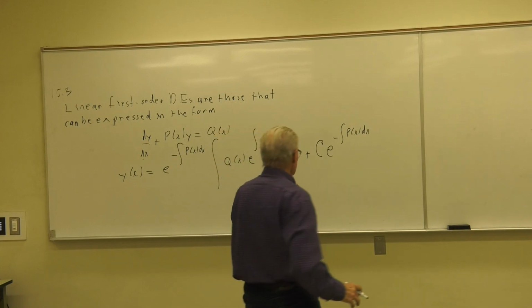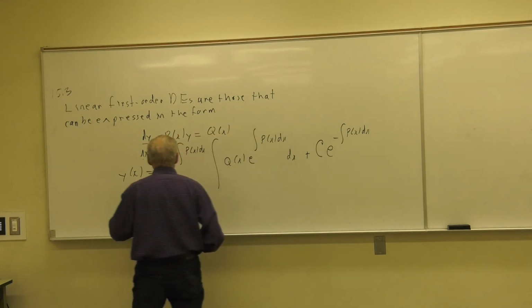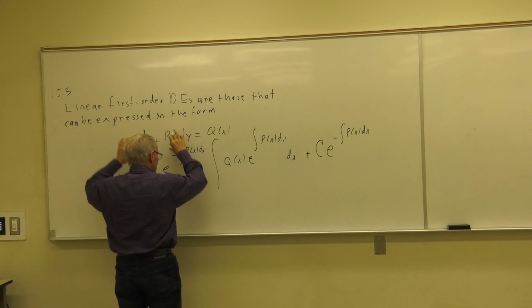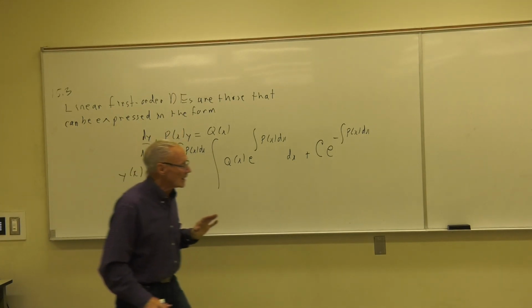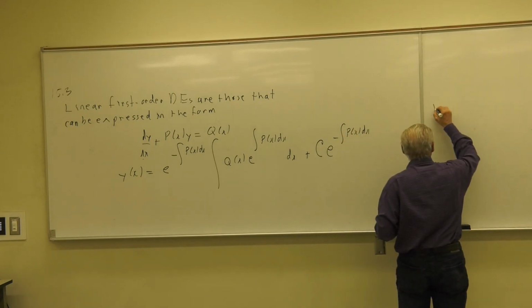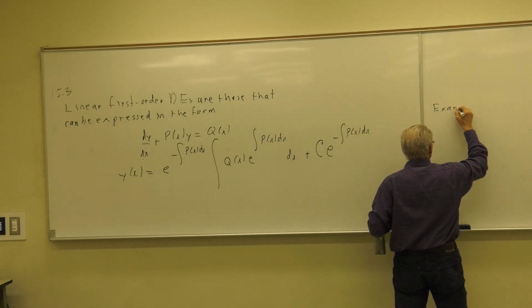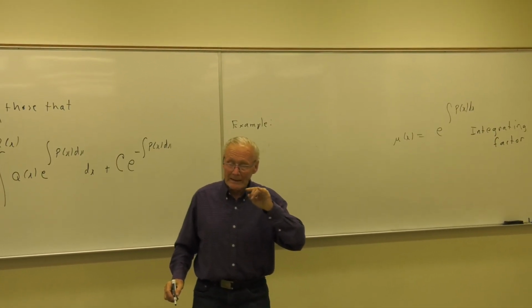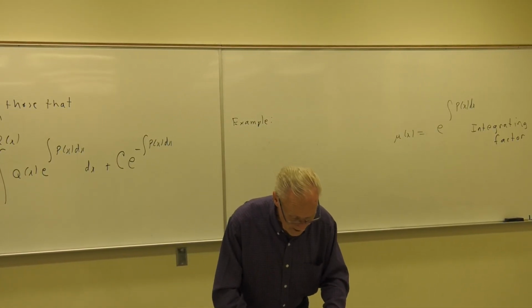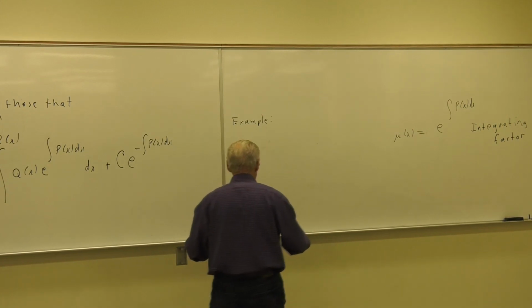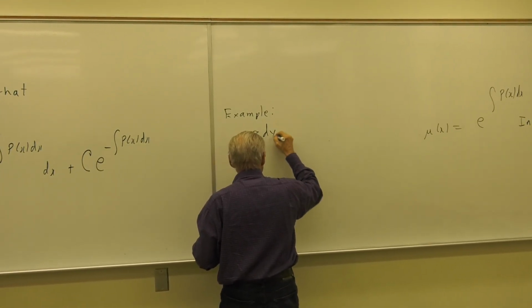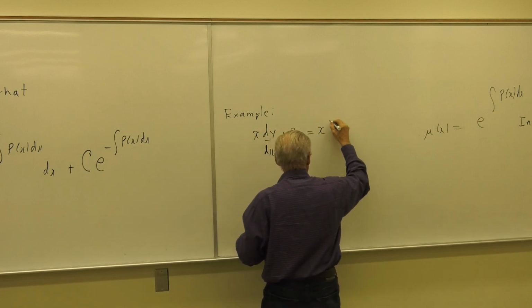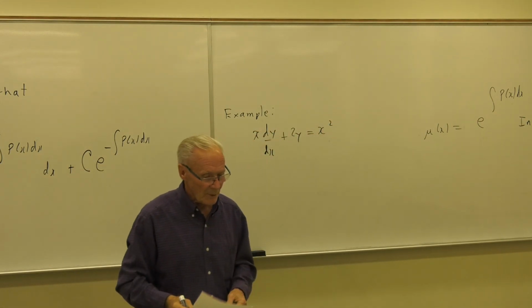That thing, all right? The key is make sure that the differential equation is in this form, right? So let us, as an example, go back to that introductory one that I had and show that I can get that integrating factor that we saw. Remember what I had was x dy dx plus 2y was equal to x squared. That was the way it originally started.